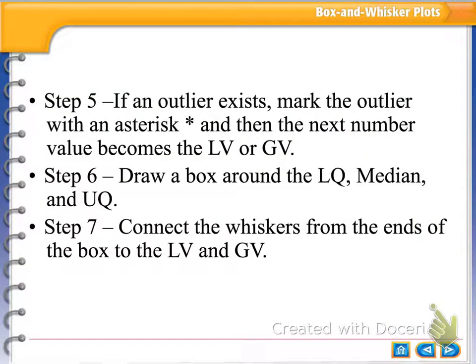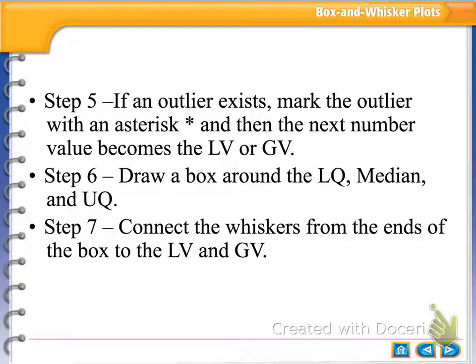Step 5, if an outlier exists, okay, we know that it doesn't always exist, but if it does, we're going to mark the outlier with an asterisk, basically with a star. And then the next number becomes the lowest value or the greatest value.